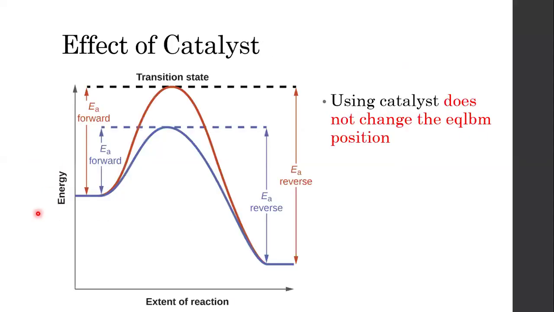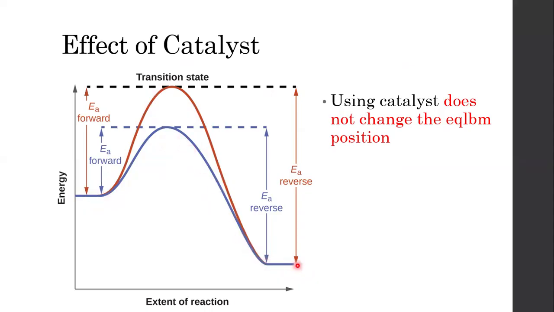Next, effect of a catalyst. So, in our chemical kinetics lesson, we discussed that a catalyst speeds up a reaction by finding an alternative pathway. So this is for the uncatalyzed, the red one, and the blue curve is for the catalyzed reaction.